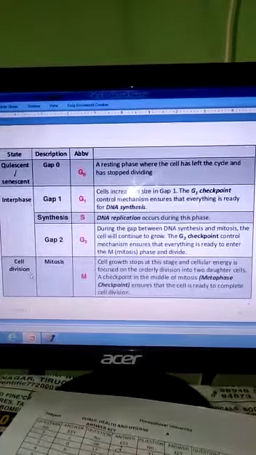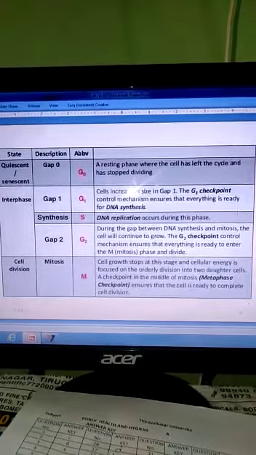Next one, cell division, mitosis M. Cell growth stops at this stage and cellular energy is focused on the orderly division into two daughter cells. Okay. Next one, the middle of mitosis ensures that the cell is ready to complete cell division.